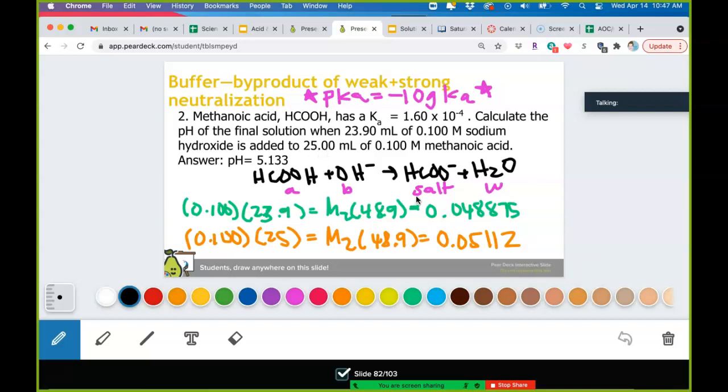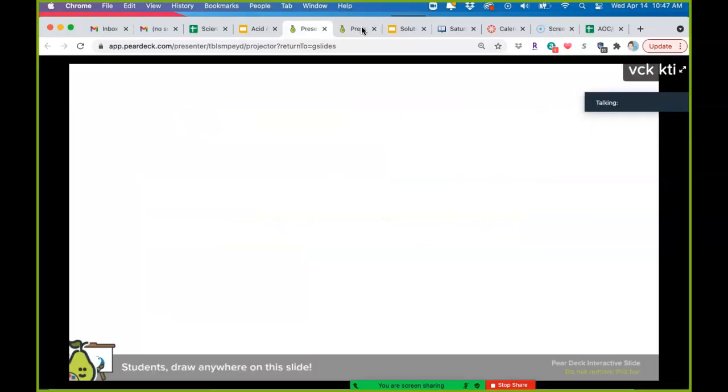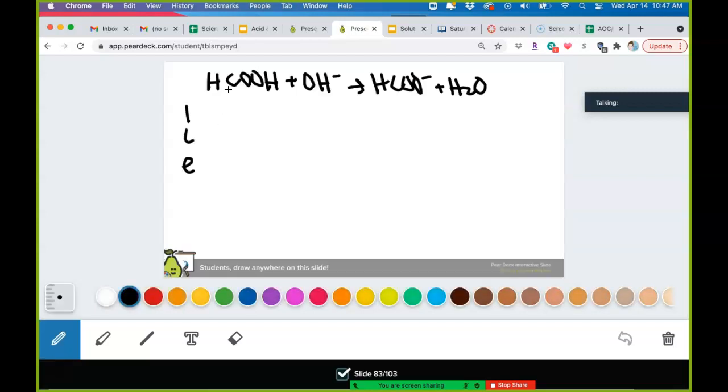Okay, so I'm just going to transfer this over to the next slide. So the methanoic acid was 0.05122 something, and the sodium hydroxide was 0.04888875 something.